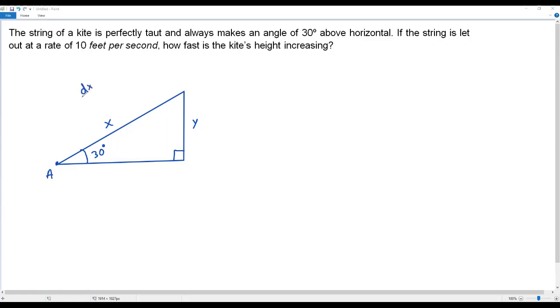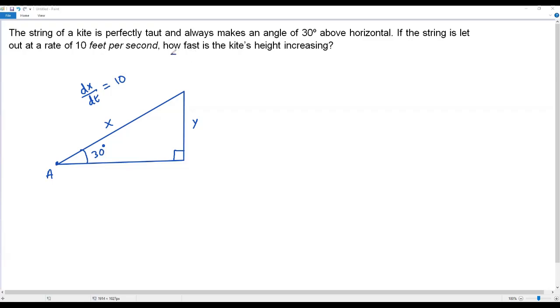That is dx over dt. dx over dt means the change in x with respect to time. So that is 10. Here I am writing 10 as a positive value because the length of the string is increasing, because it's let out. In case there is a decrease in the quantity, we have to write the value with a negative sign. Since the length of the string is increasing at a rate of 10 feet per second, I am writing 10 with a positive value over here.